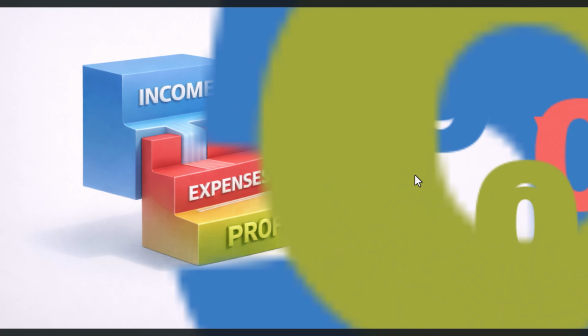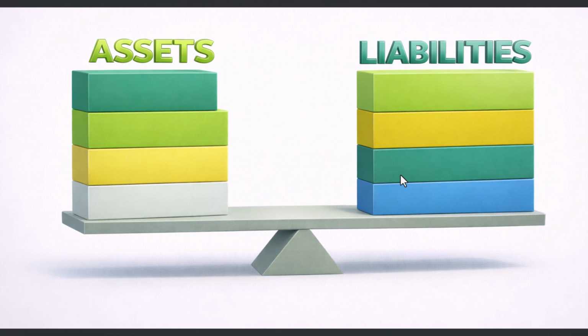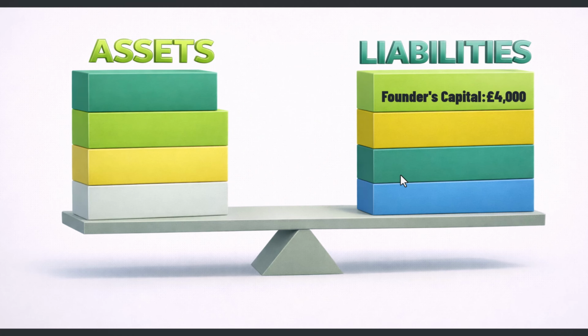Step 2. The balance sheet. That profit now moves to the balance sheet. Why? Because profit belongs to the owner. From the business point of view, it is money owed to the shareholder, so it's treated as a liability. Now, let's list everything. Liabilities, what the business owes. Founder's capital, £4,000.